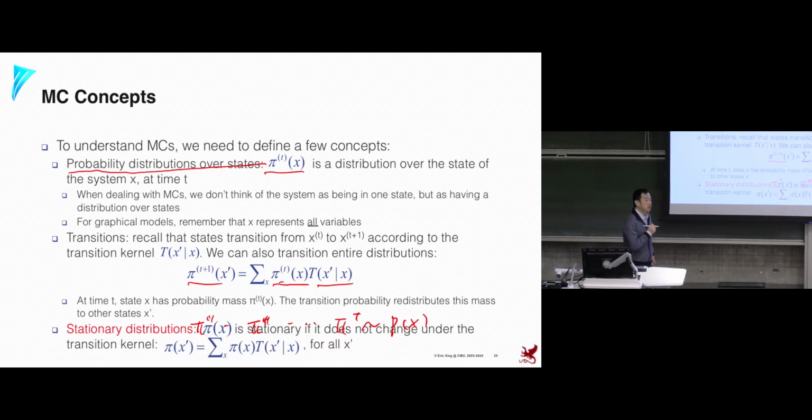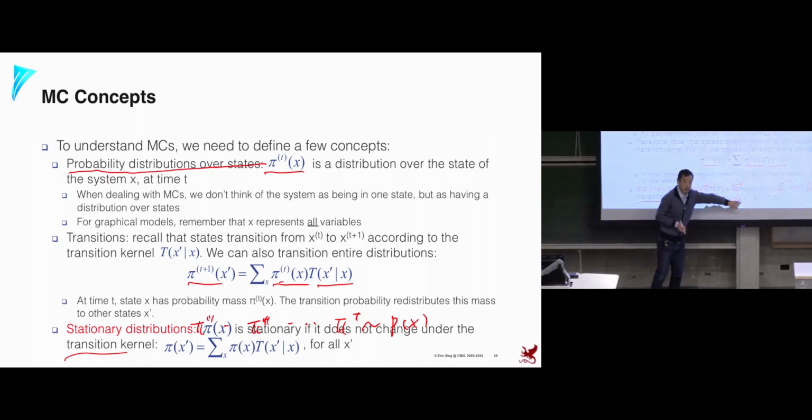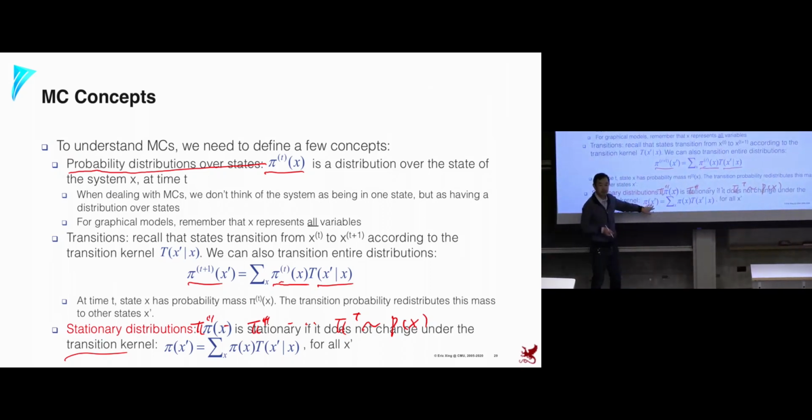Then there is an important concept called the stationary distribution. The stationary distribution is an intrinsic property of the transition kernel. It means there may be a distribution with the property that the same distribution, transitioning through the kernel, gives you back the same distribution.